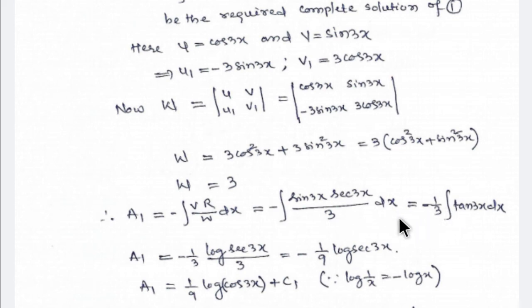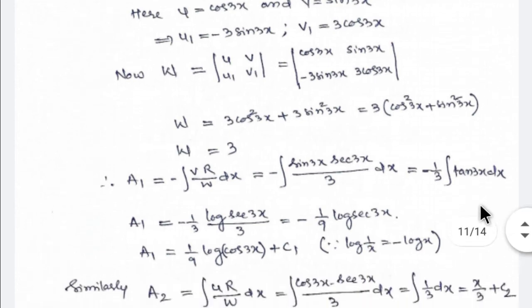After simplifying, minus 1 by 3 outside the integral, integral of tan 3x, since sin 3x by sec 3x is sin 3x times 1 by cos 3x, which is tan 3x dx.